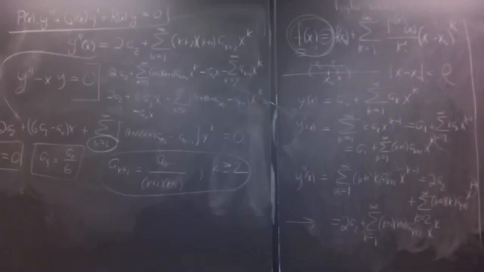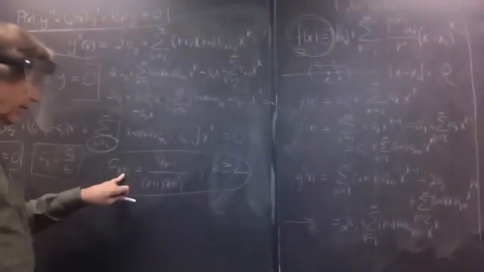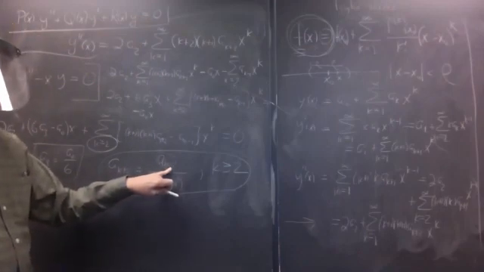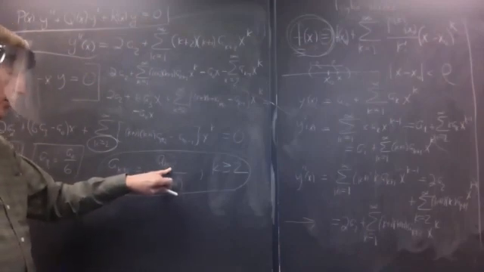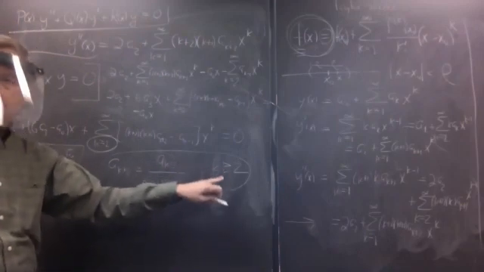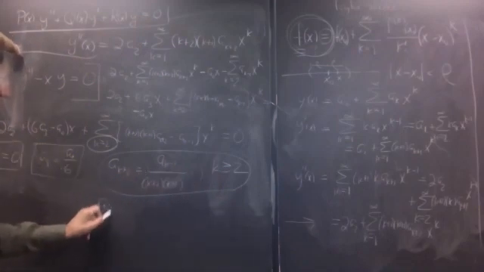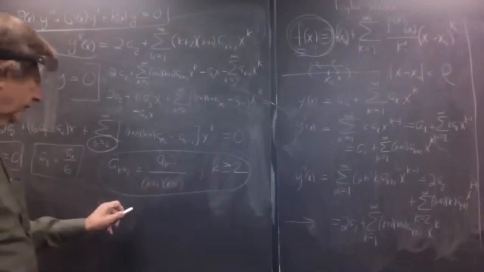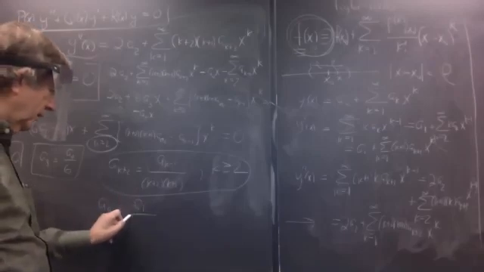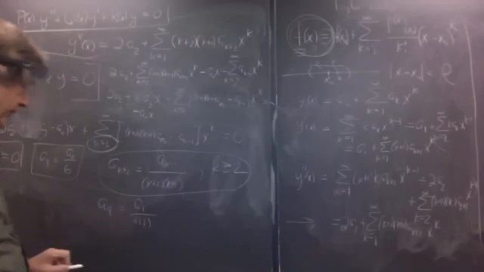Okay? Now, this is K plus 2, and this is K minus 1. So let's just take a little bit. Suppose K is 2, because 2 is the first thing K can be. If K is 2, I get A4 is A(2-1), which is A1, over 4 times 3.